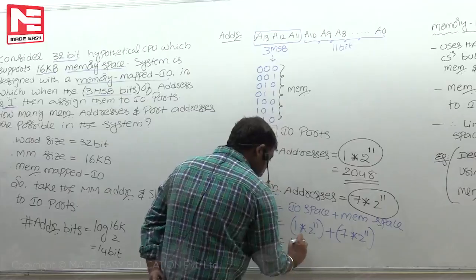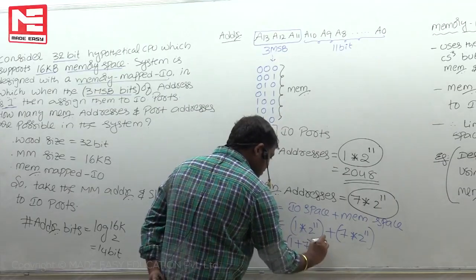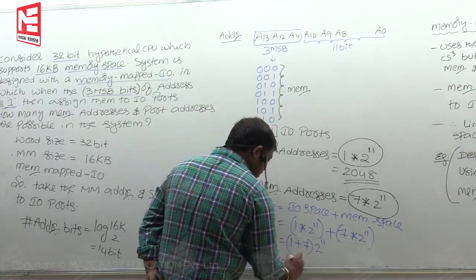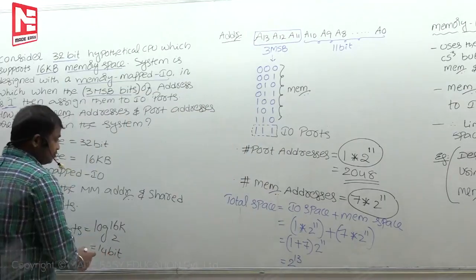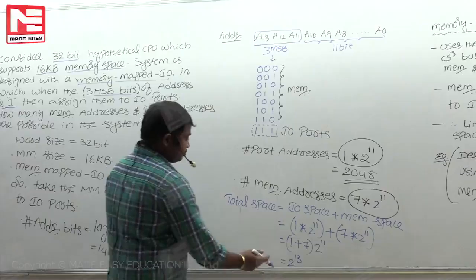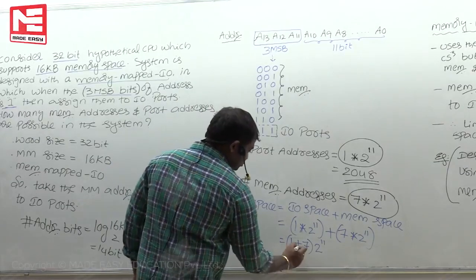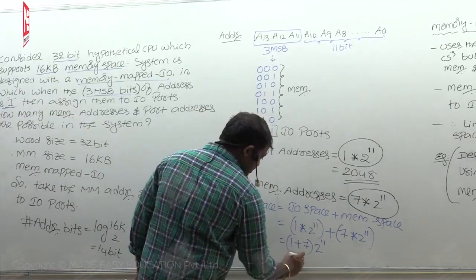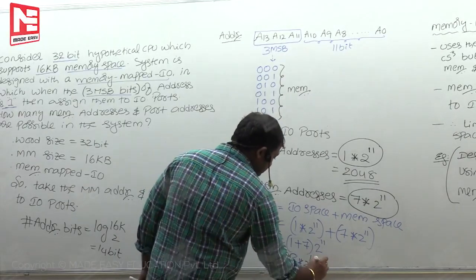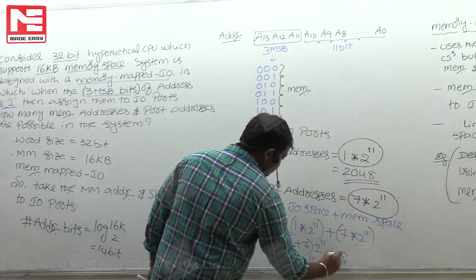That equals 1 plus 7 into 2 to the power of 11. This is 8 into 2 to the power of 11. This becomes 2 power 14.